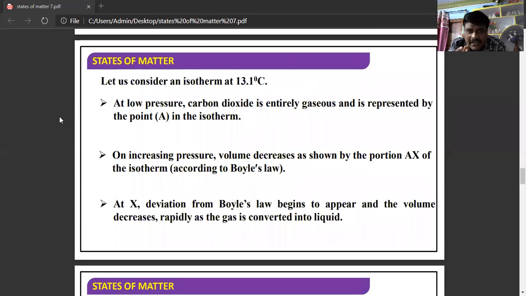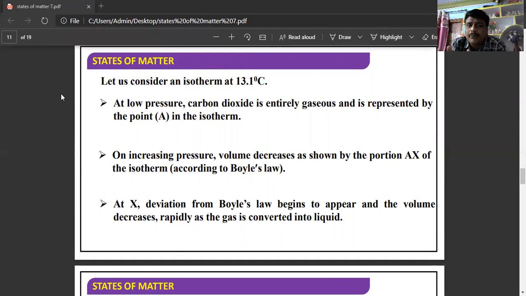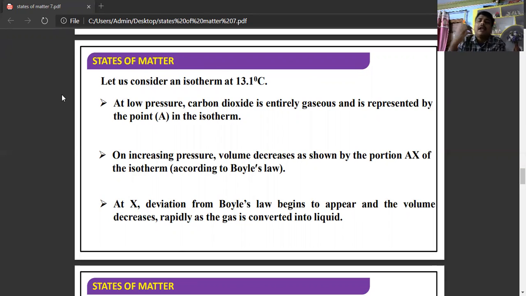Considering the isotherm at 13.1 degrees centigrade, at low pressure the carbon dioxide is completely in the gaseous state, represented at point A. When we increase the pressure, since pressure and volume are inversely proportional, the volume decreases, as shown by the portion AX of the isotherm.